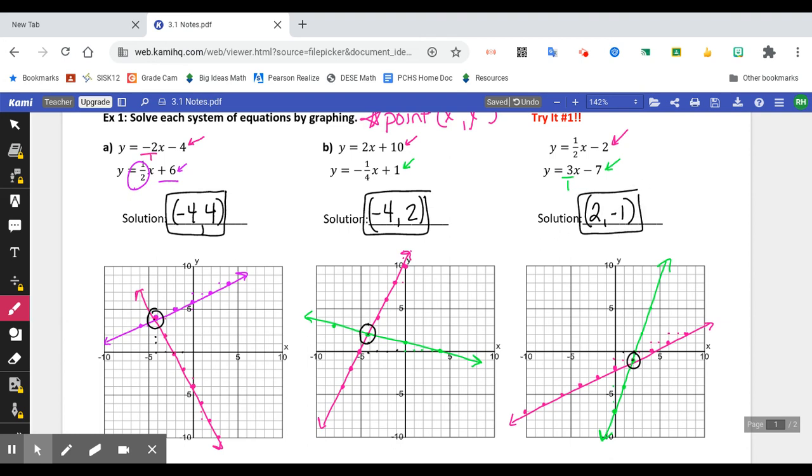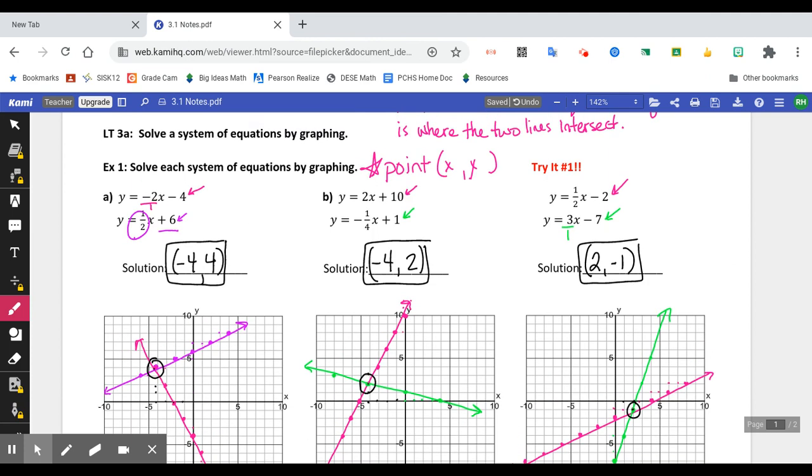2, negative 1. Now, I can prove to you that these also work by substituting them in for their values. So we know that this guy right here should be our answer as an x and a y. So if we plug these two values in for x and y up here in our equation, they should both equal and be the same on the end.